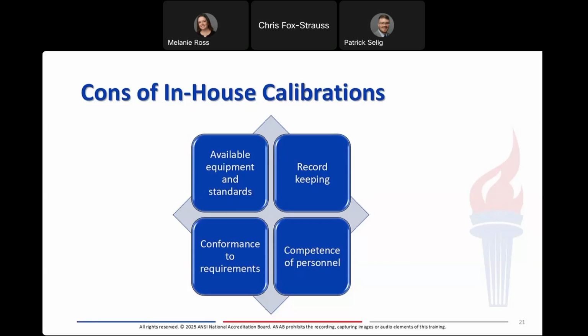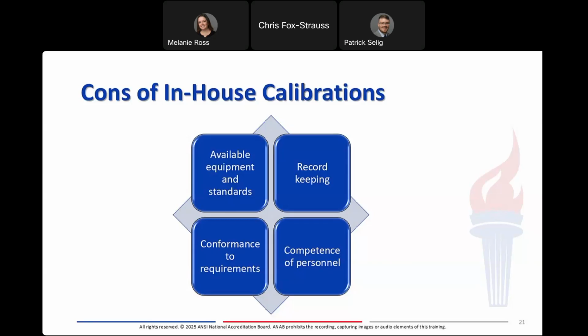Accredited calibration service providers conform to the requirements of 17025 for the control of records, including technical records such as the calibration reports. This is something that the laboratory would need to consider in determining if in-house calibrations are feasible. Additionally, there are other requirements in the 17025 standard that specifically pertain to calibration service providers. Testing laboratories need to be aware of these requirements and conform to those requirements for their in-house calibrations.